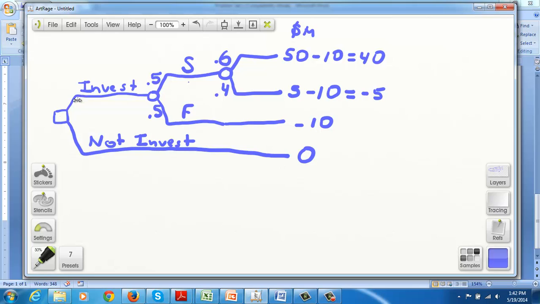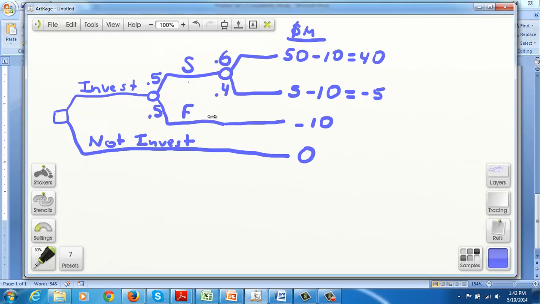Once again, it starts with the investment decision, and either you invest or not invest, the two alternatives. If you invest, then it depends if you're successful or fail. If you're successful, there's a chance you could gain $50 million with a 0.6 chance, or $5 million with 0.4 chance. We need to subtract off at the end, in our outcomes, our consequences, the $10 million investment.